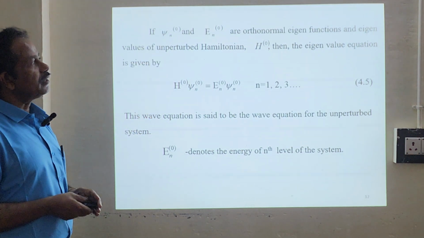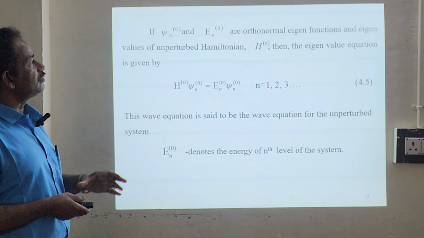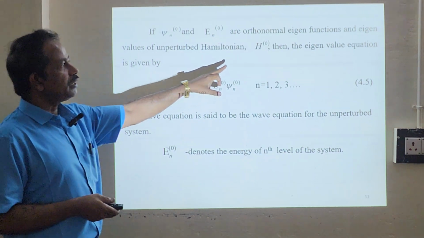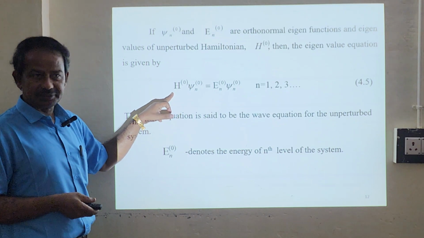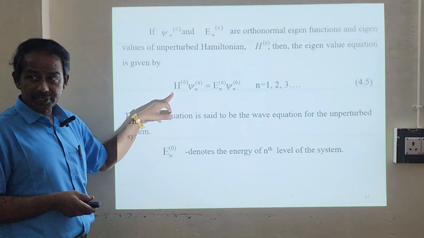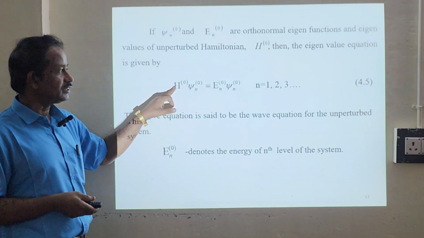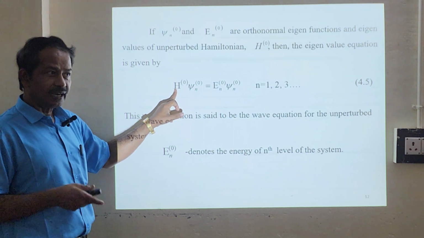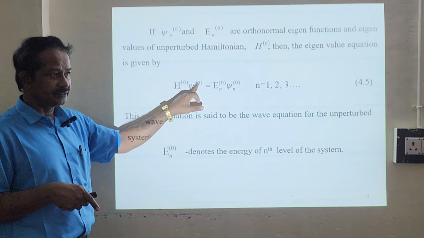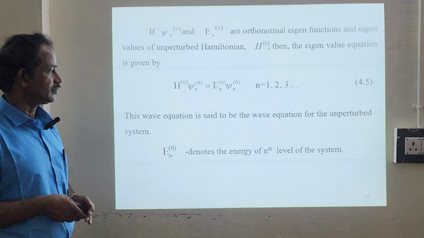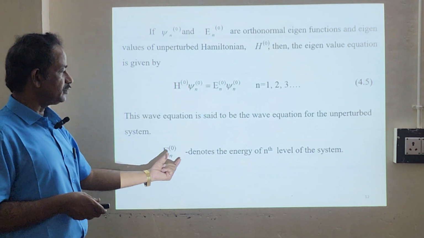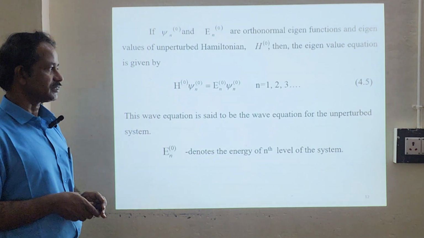So psi n and En are the orthonormal eigenfunctions and eigenvalues of the unperturbed Hamiltonian. The eigenvalue equation is H0 acting on psi n0 equals En0 times psi n0. So En0 denotes the energy of the nth level of the system.